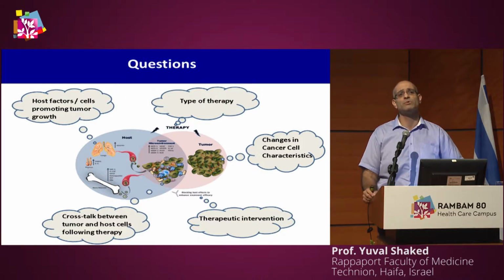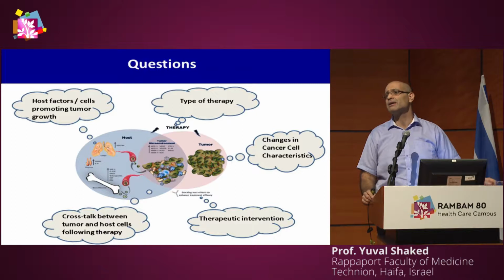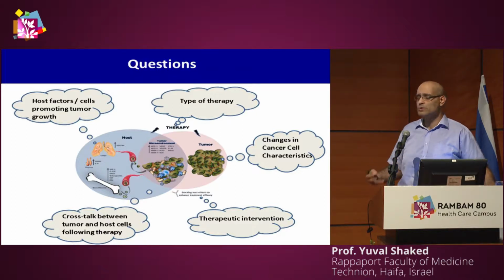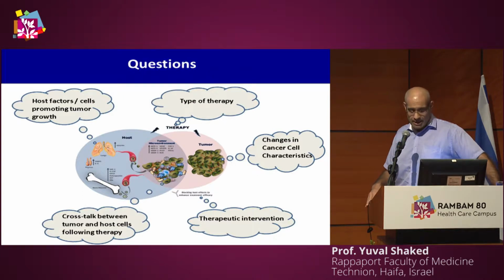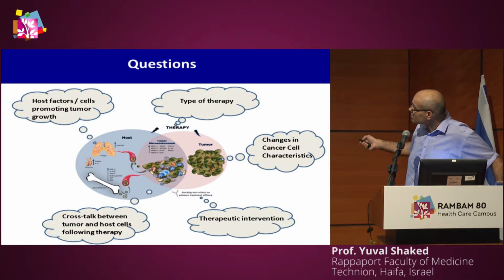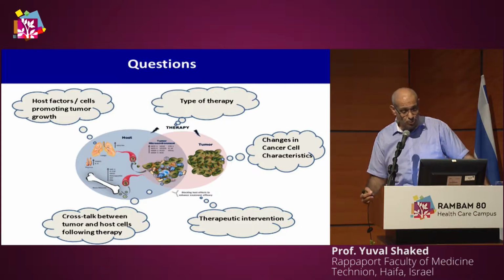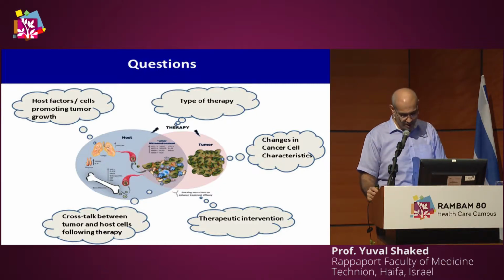All these questions intrigued us, to dissect the mechanisms by which the host response to treatment promotes tumor growth and metastasis. And one of the things we were also interested in: can we inhibit these host response effects and then maybe improve the treatment that we have today?